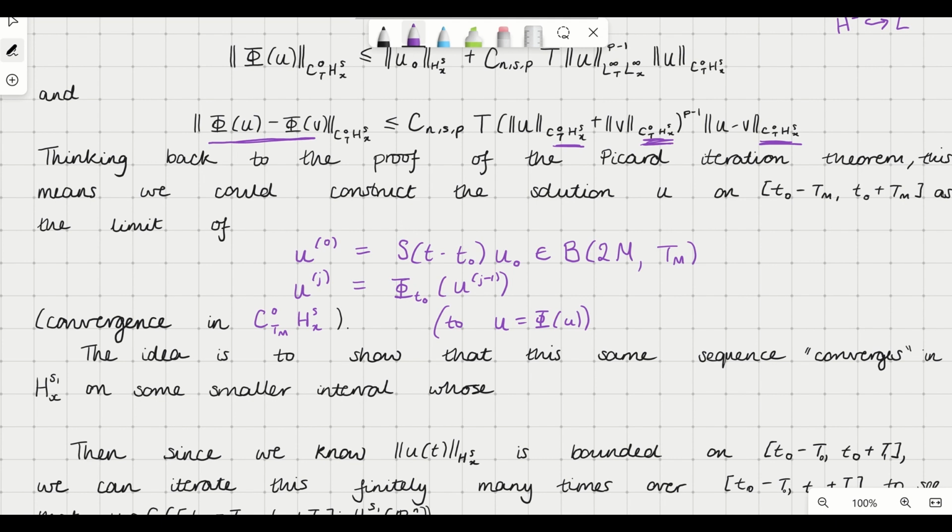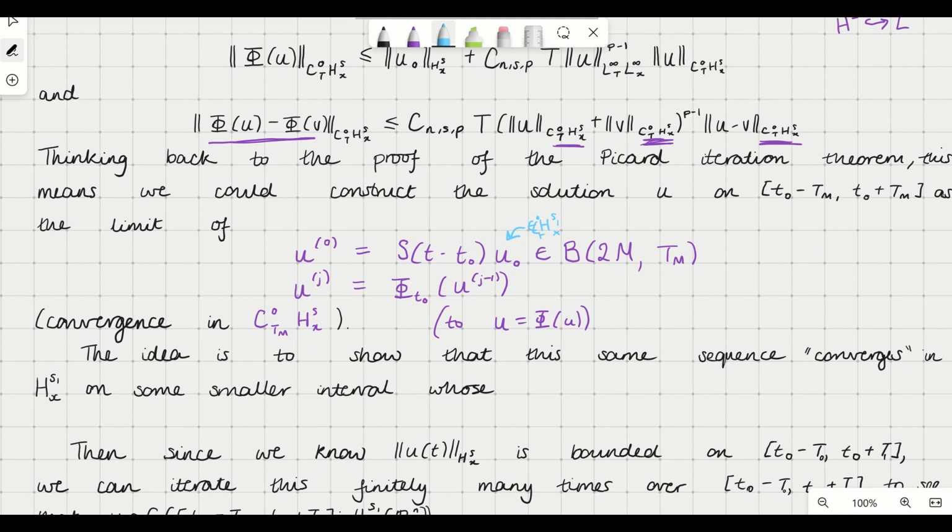We're still looking to the past now, showing the convergence in HS. We want to do better. We want to show these converge in HS1. Obviously, if our initial data U0 is in HS1, then our first iterate will still lie in HS1, or indeed C0T HS1.